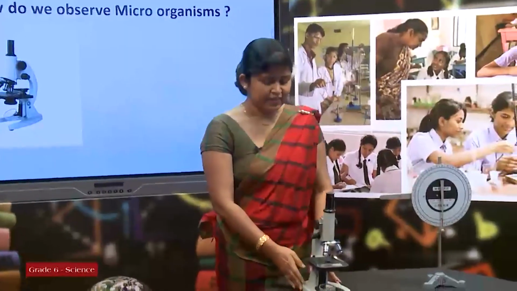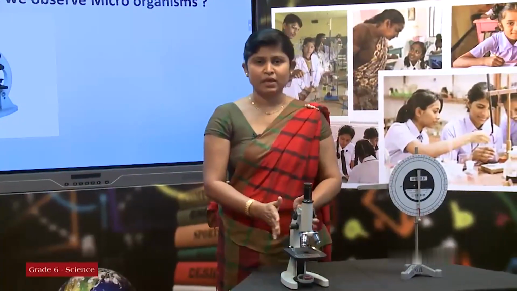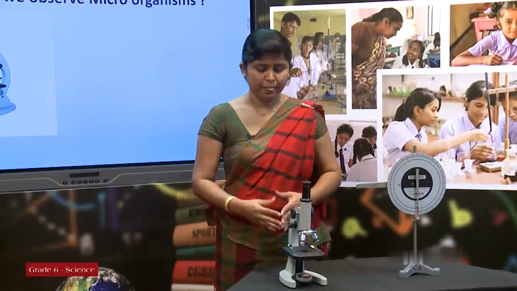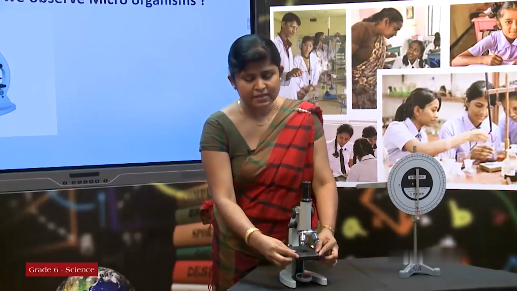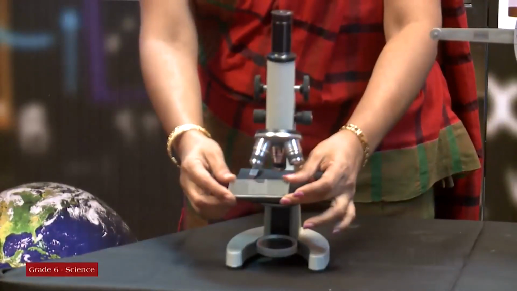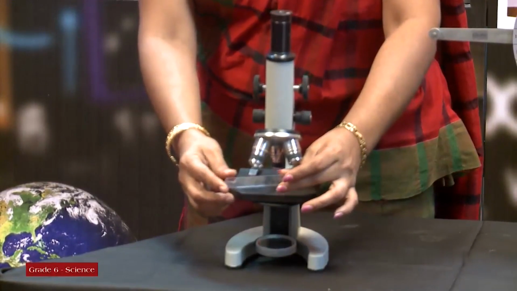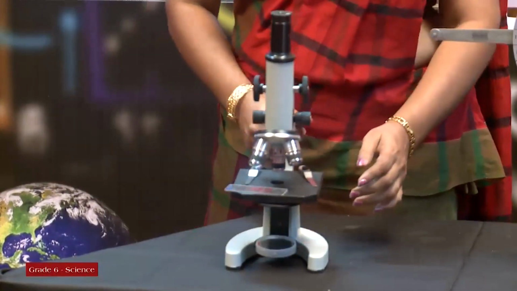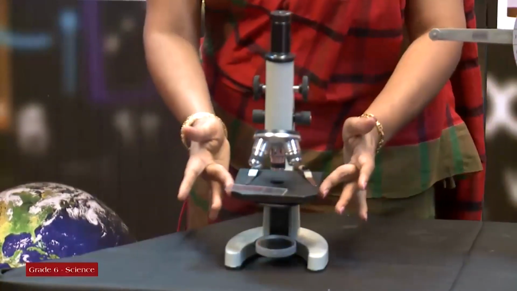My dear children, this is a light microscope and we can call it a compound microscope. You can see that there is a glass slide. The specimen to be observed should be kept on this glass slide and it is kept on this stage.